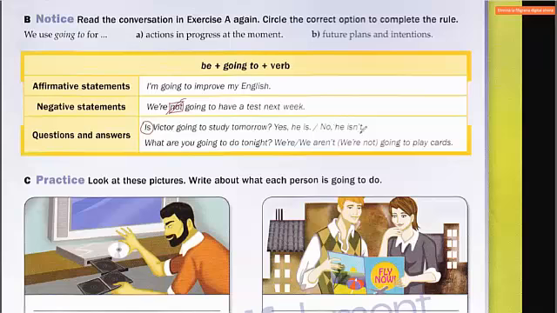Okay? No, he isn't. Now, there is another type of question that starts with a WH word. Okay, now let's talk about these questions. As you can see, there are two types of questions. The first question starts with a verb. Okay, this is a verb. And the second question starts with a WH word.